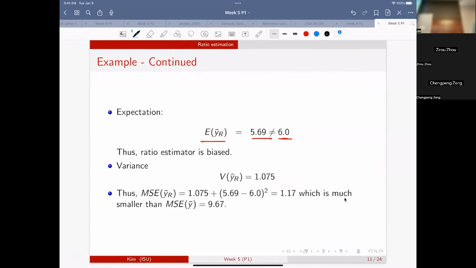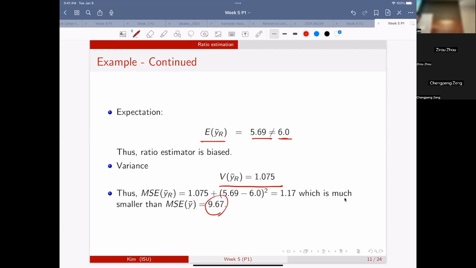The variance of the ratio estimator is 1.0 something, while the variance of the simple random sampling mean is 9.6, which is much bigger. So even though the ratio estimator is biased, the mean square error is actually much smaller.